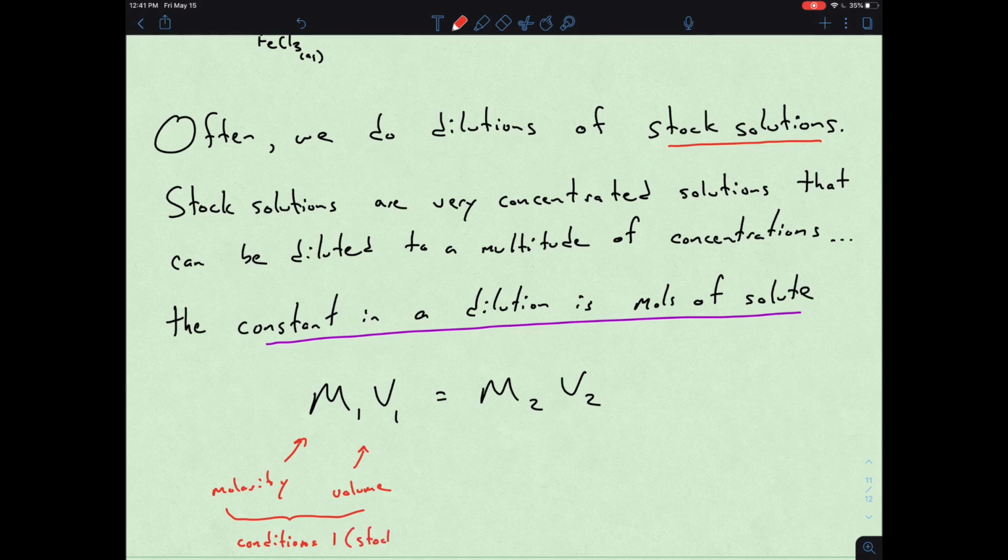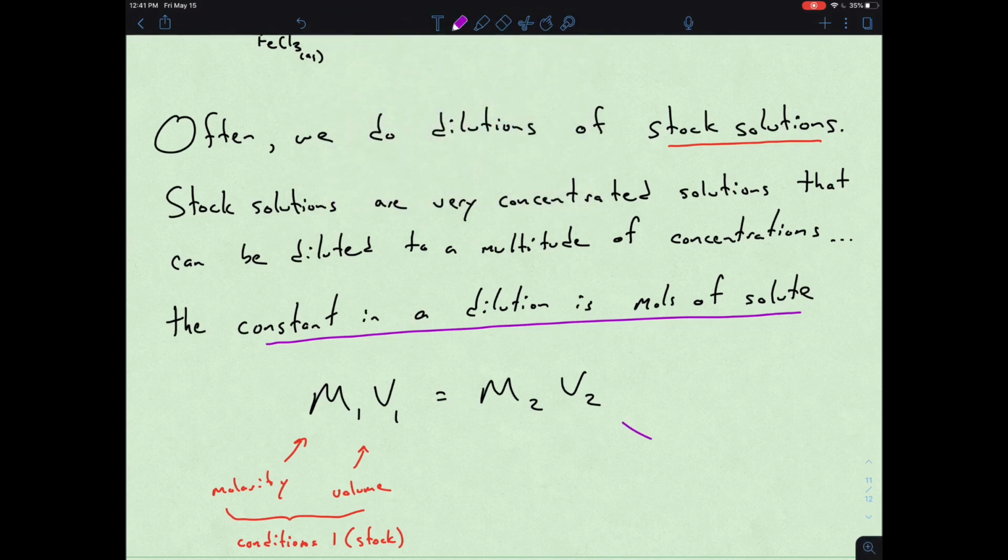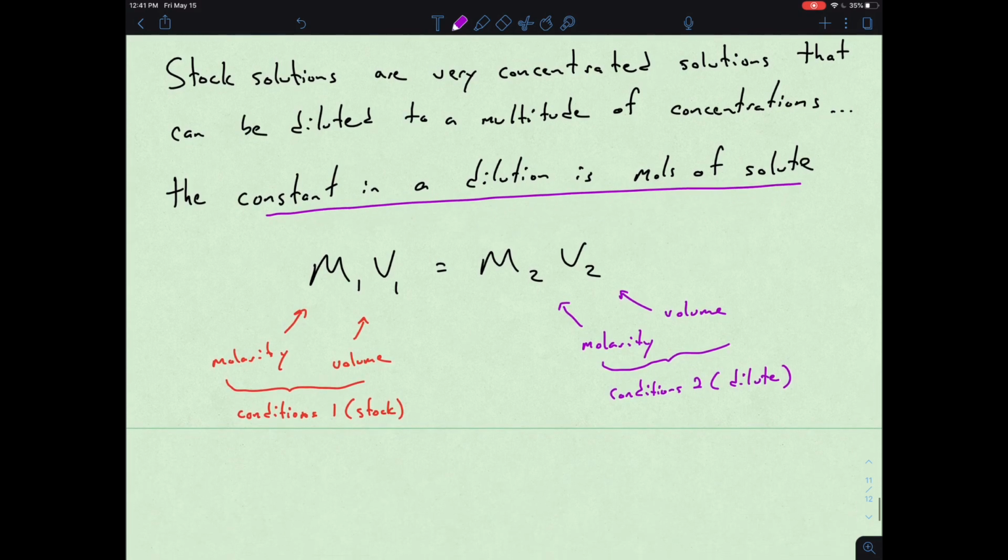Say, the stock, but it doesn't have to be that way. And then on the right side, we have our volume and our molarity for basically conditions 2, which you could call the dilute. So it's just a way for you to interconvert between each one.